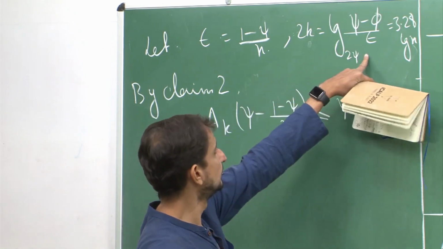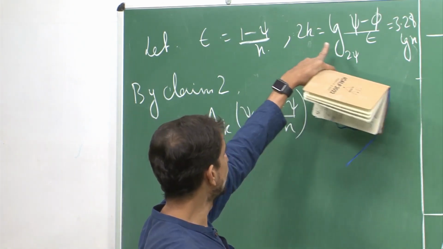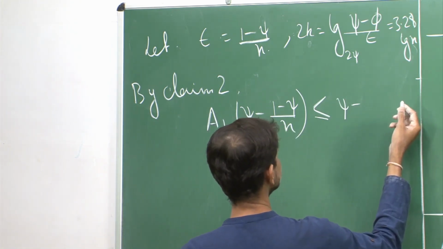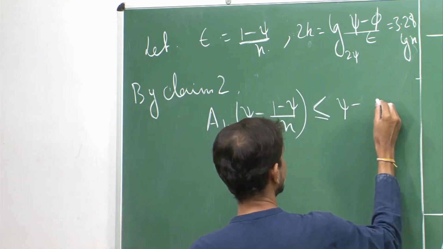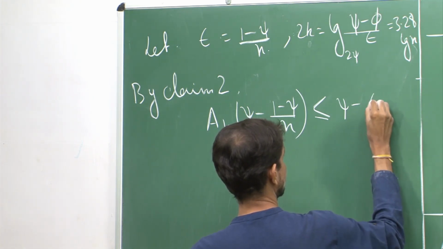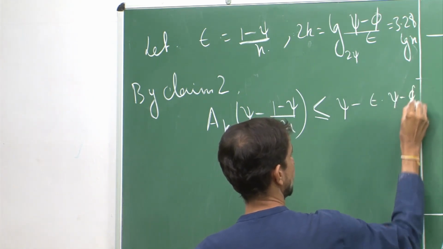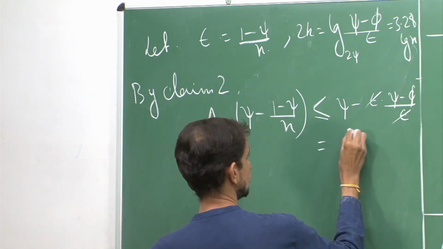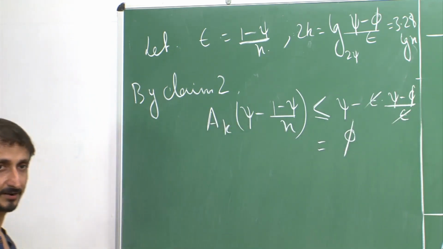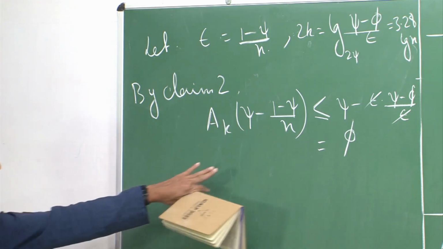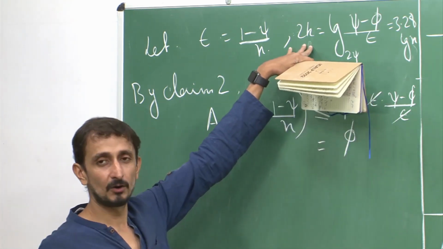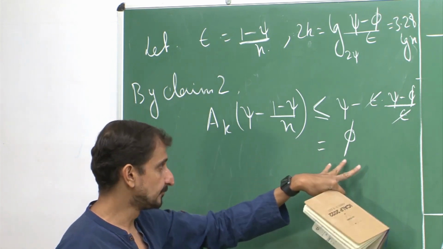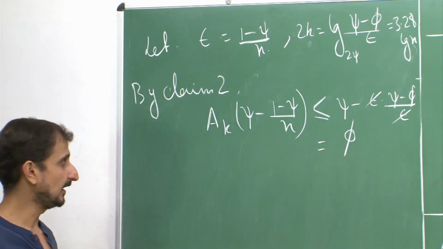So, 2 k is this quantity. So, 2 psi to the power this quantity would be nothing but epsilon times psi minus phi by epsilon. These two cancel out, so this is equal to just phi. This is the reason why we had this complicated choice for 2 k, because we want this to boil down to this, so this should be at most phi. And what is phi?